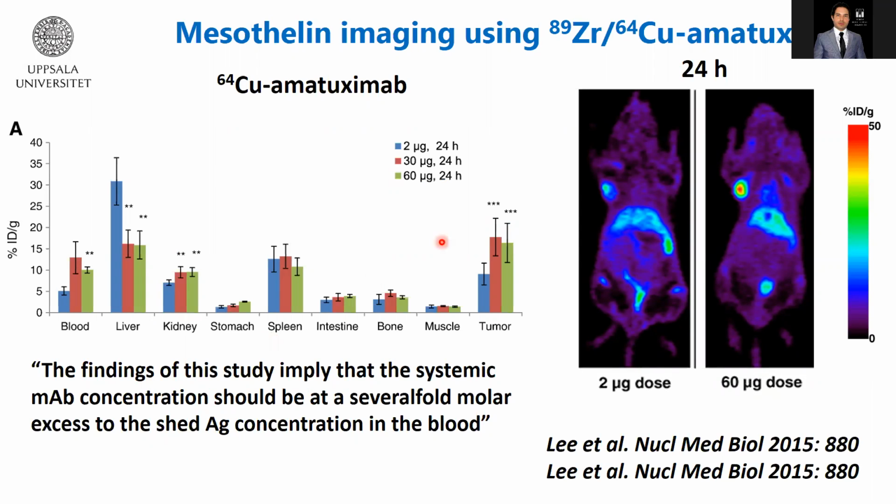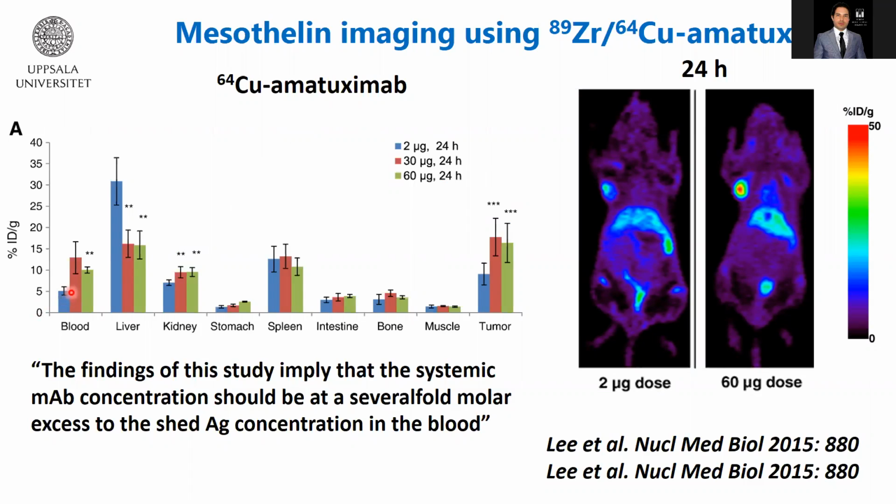And this has been demonstrated in 2 studies using the antibody amatuximab labeled with copper-64 or the more long-lived positron emitter, zirconium-89.